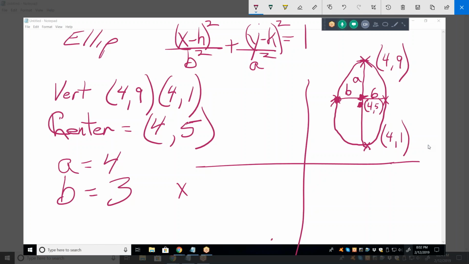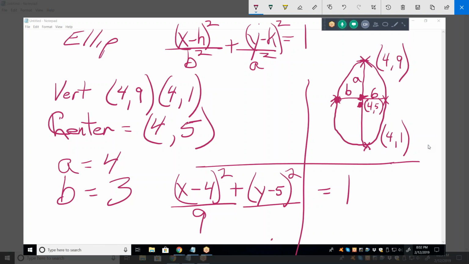So it'd be x minus 4 squared plus y minus 5 squared equals 1. And then what's the denominator under the x term? 9.